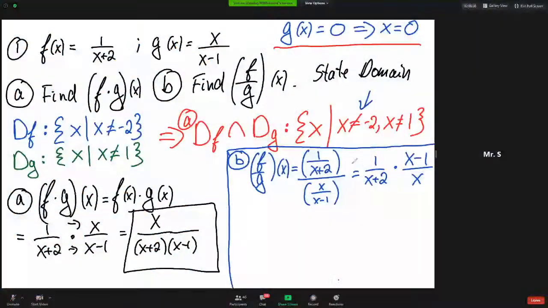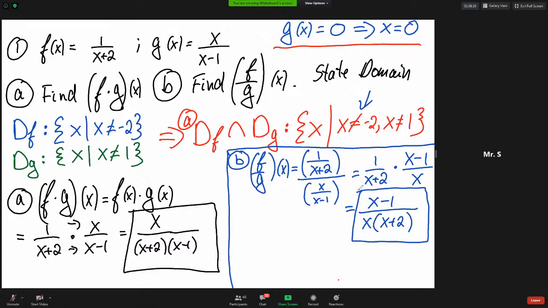So we want to just multiply by the reciprocal instead of dividing by this fraction here. So when we do that, it gives us the following: x minus 1 over x times x plus 2. So this is our quotient function.